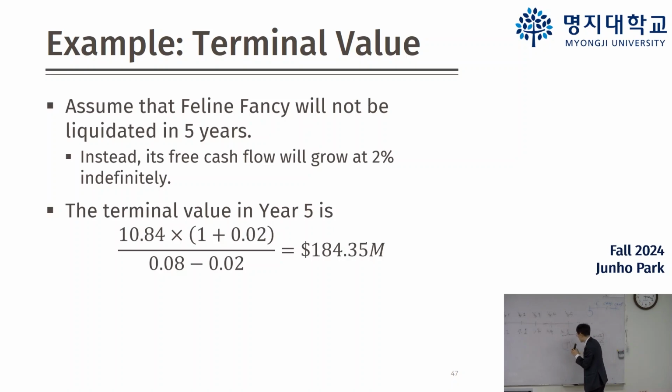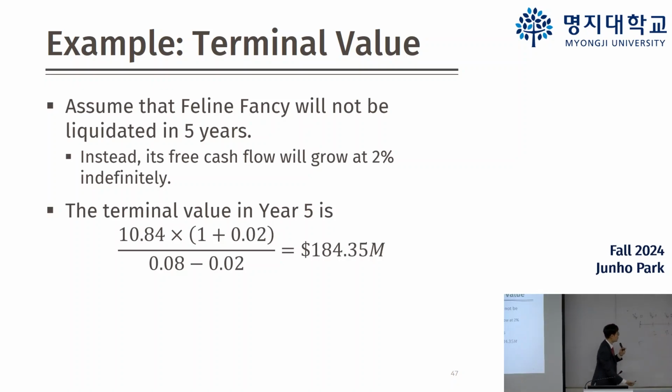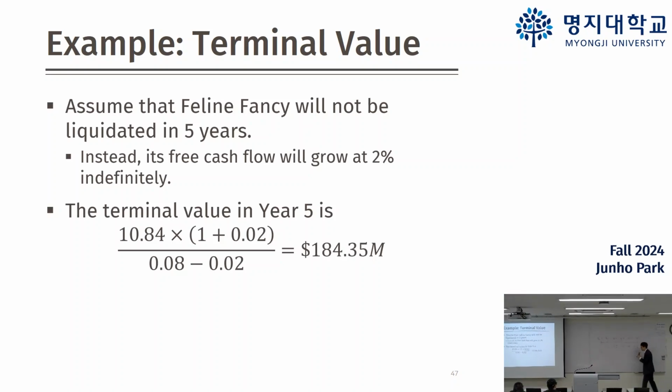So when we get this number, this is not the present value actually. This is the present value when we believe we are already on year 5. So therefore, we should make another discount to get the actual present value. So because this is calculated on the assumption that we are on year 5, we need to discount 5 times because we have 5 periods to that time.